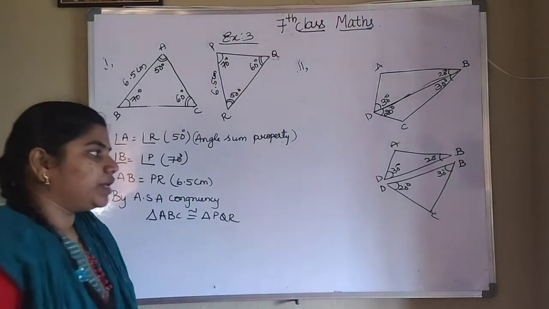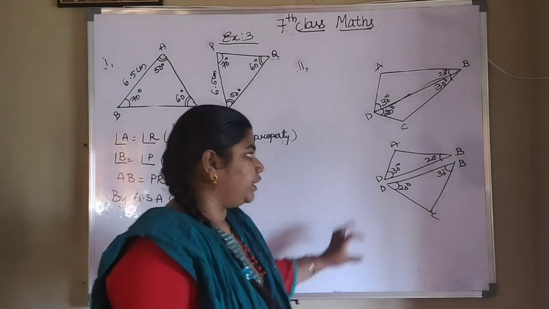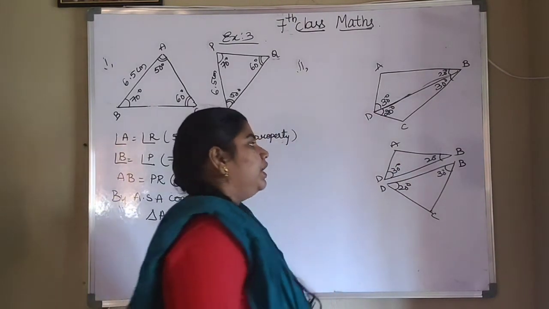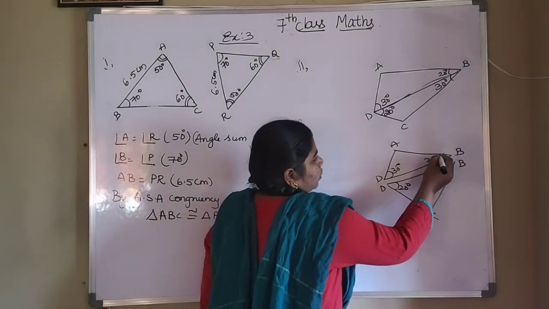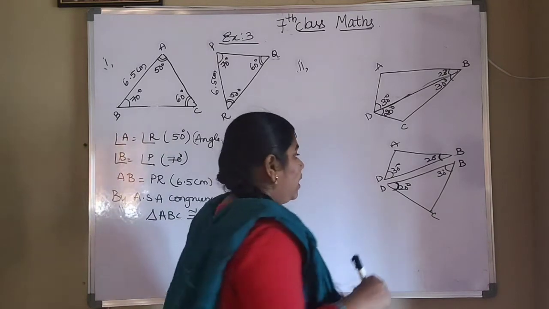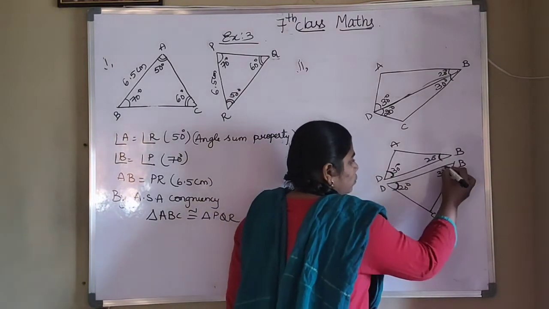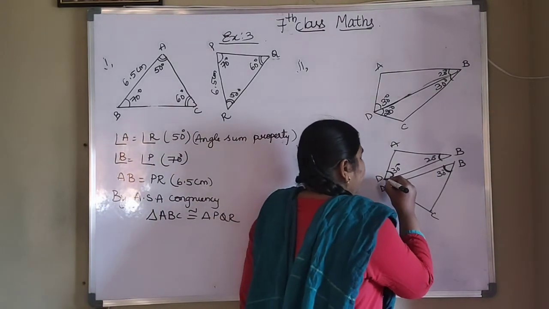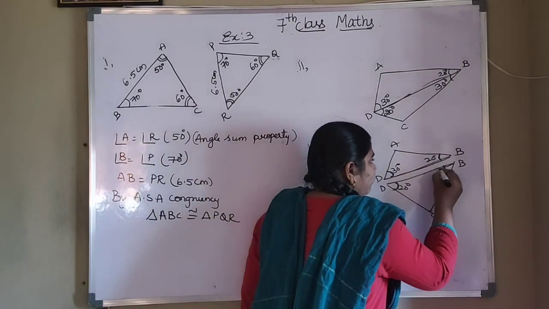Can you tell whether these two triangles are congruent to each other by using ASA congruence? Yes, they are equal, because this 20 is equal to this 20, and this 30 is equal to this 30. And this base DB is the same for both the triangles.